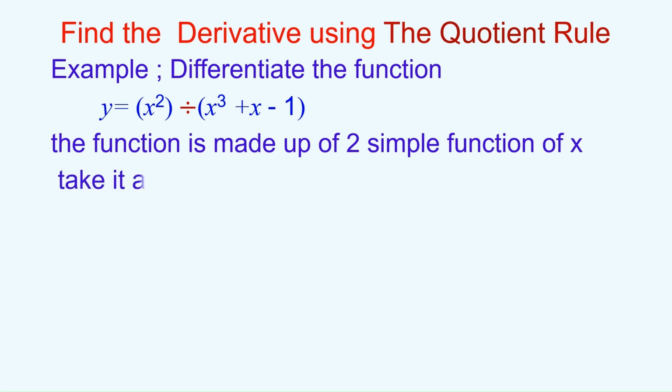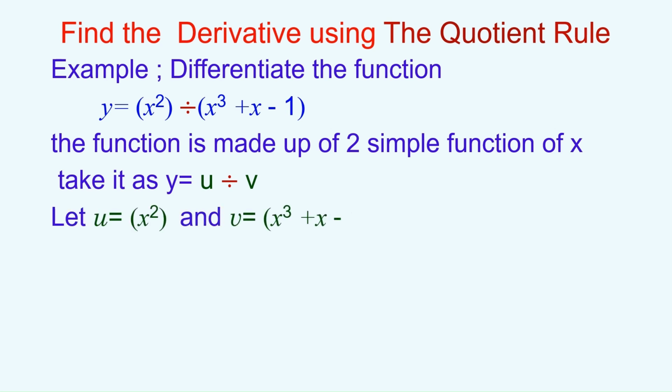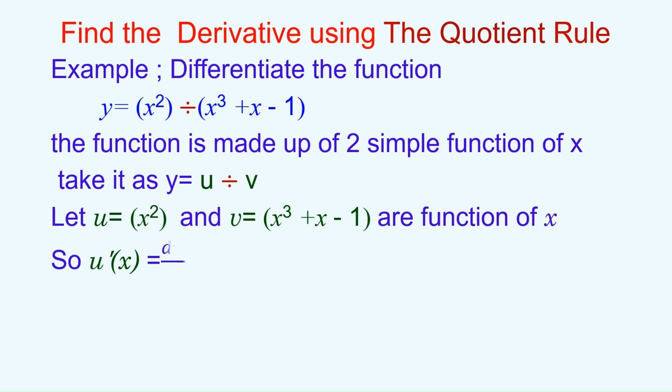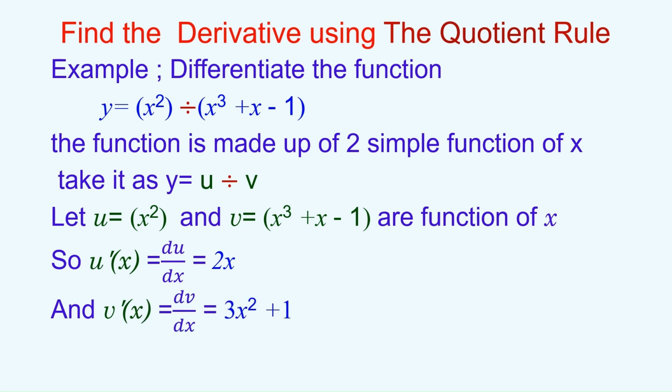Or take it as y = u/v. Let u = x² and v = x³ + x − 1 be functions of x, so u'(x) = du/dx = 2x and v'(x) = dv/dx = 3x² + 1.